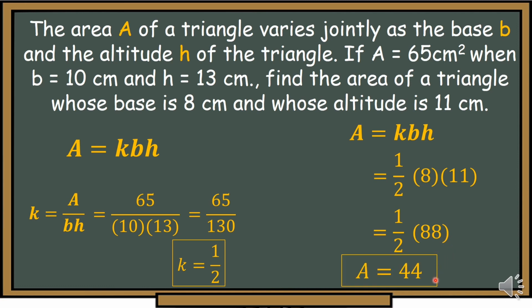So therefore, the area of a triangle whose base is 8 centimeters and whose altitude is 11 centimeters is 44 centimeters squared. Okay, you have to put a unit of measure here. So this is 44 square centimeters.